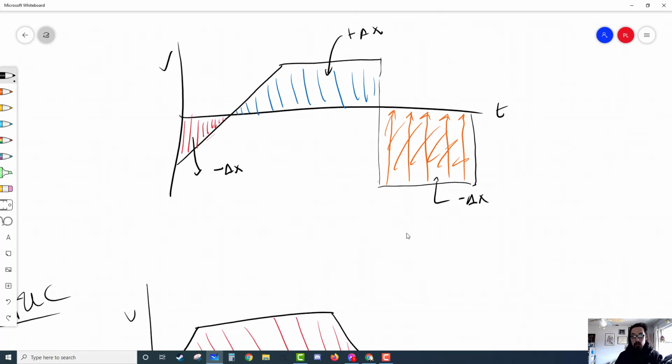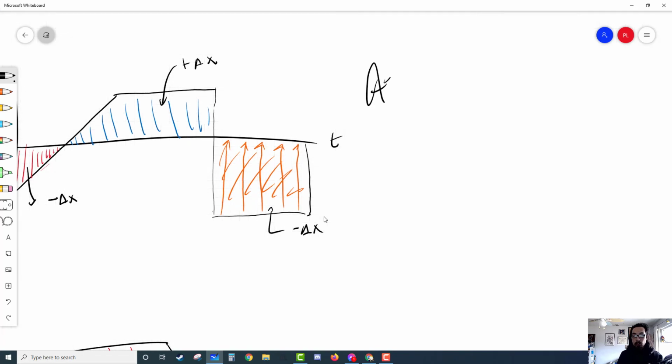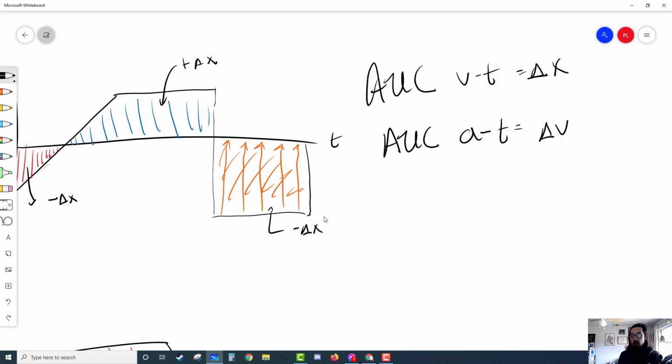The thing you should take away from this is that the area under the curve for a velocity time graph is equal to your displacement. The other thing is the area under the curve for an acceleration versus time graph is your change in velocity. So commit those to memory.